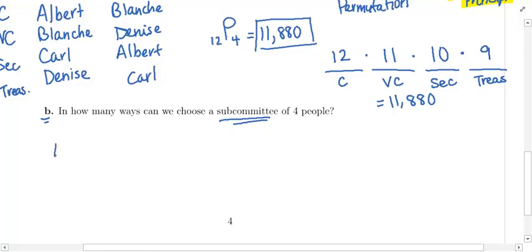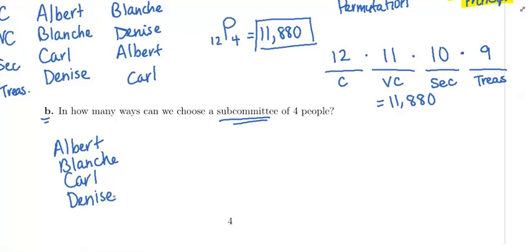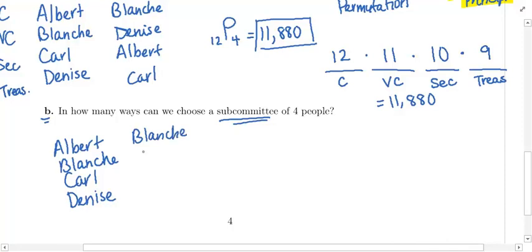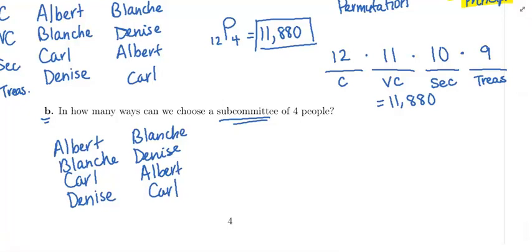So again, let's take my buddies, Albert, Blanche, Carl, and Denise, and say, out of the 12 people, these are the 4 people I picked for the subcommittee. Let's change the order and see if there is an impact. If I change my order to Blanche, Denise, Albert, and Carl, guess what? That's still the same subcommittee. Changing the order doesn't change the 4 people who are on the subcommittee.